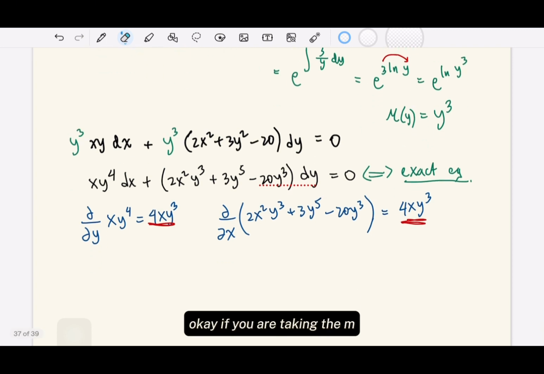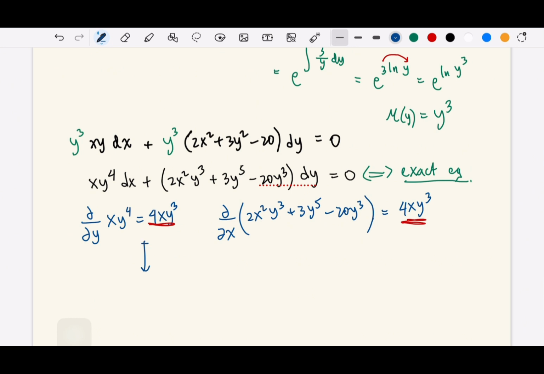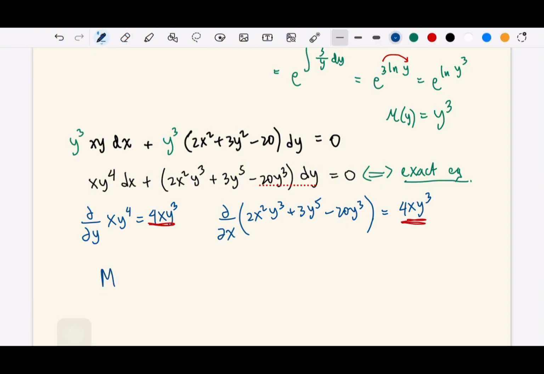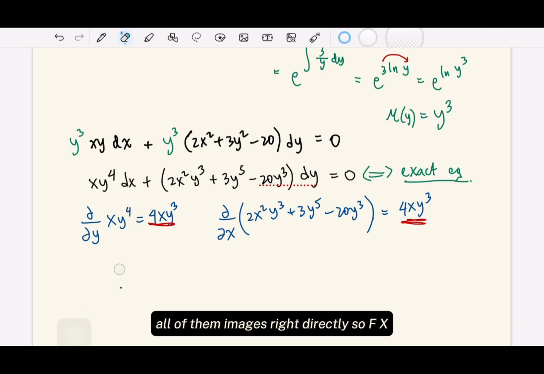Okay, if we are taking the M, or maybe let me just write directly.